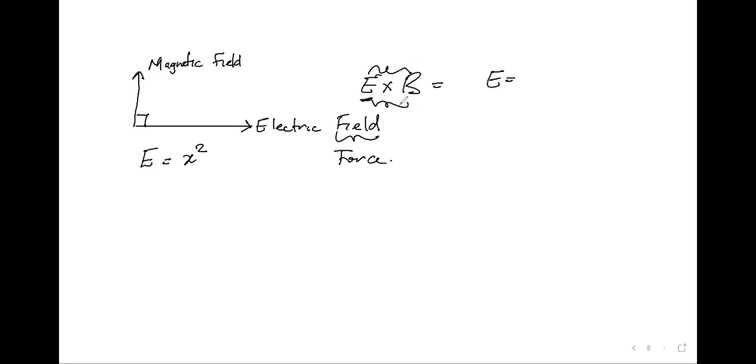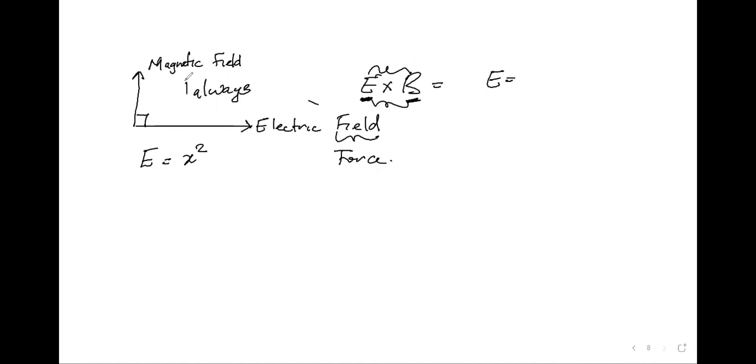We don't even remember the relationship. E cross B equals what again? I don't remember the full formula. I don't know if anybody remembers it from electromagnetics. But all the point I'm making is that the electric field and the magnetic field are always perpendicular.